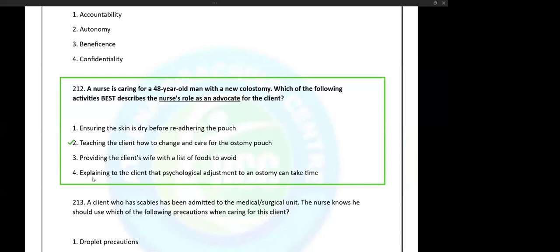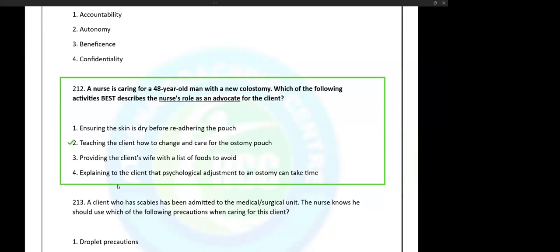The statement that a psychological adjustment takes some time is true, but as an advocate we are just working towards the betterment of the patient. So the initial thing which is really supporting the advocate role is the second one. Fine. Even the fourth one is also helpful for the patient.